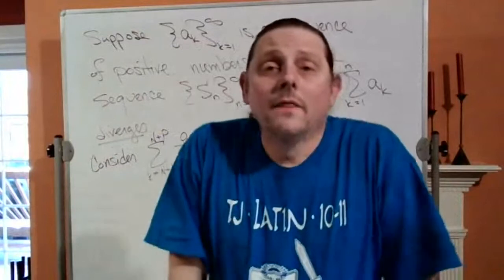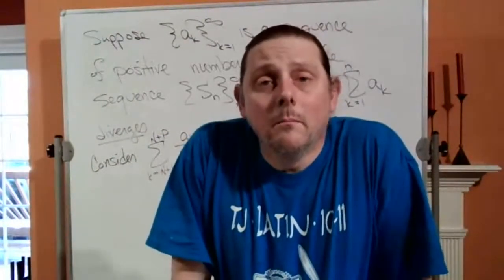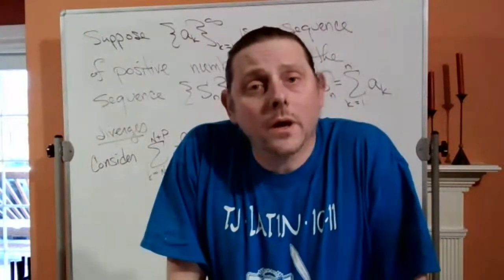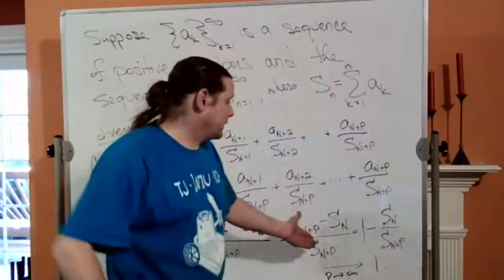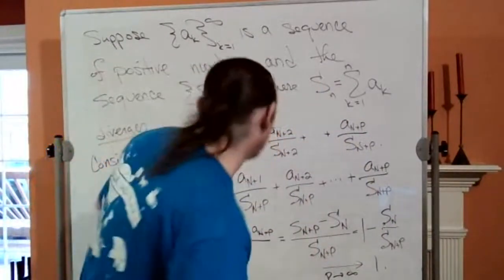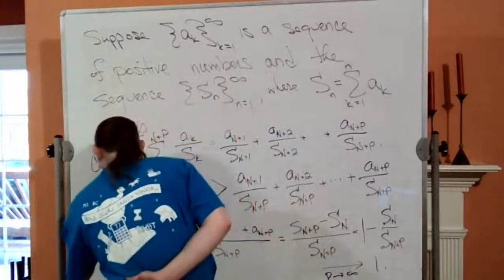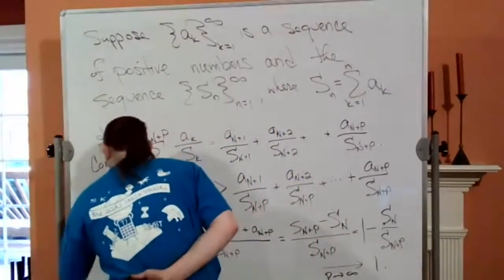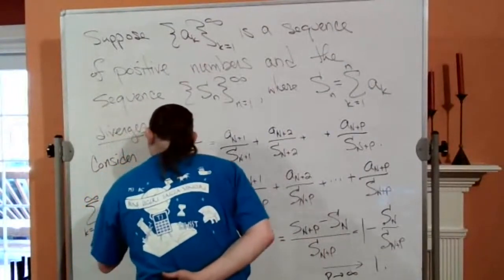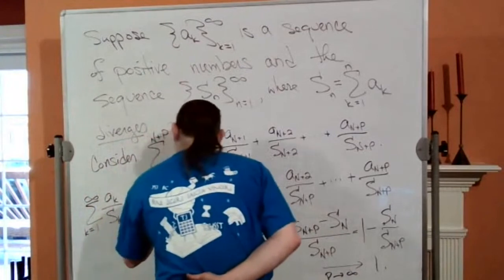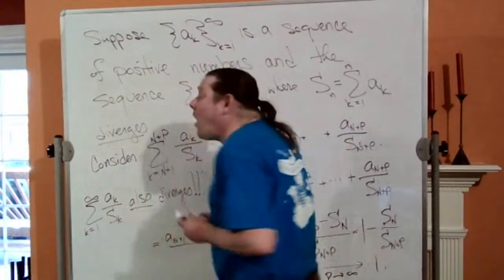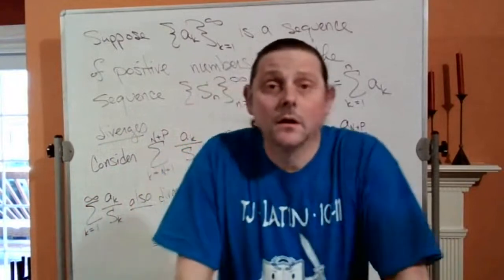And that means that I certainly cannot make it less than any epsilon greater than 0. Okay? Because it tends to 1. So that implies that this series also diverges.